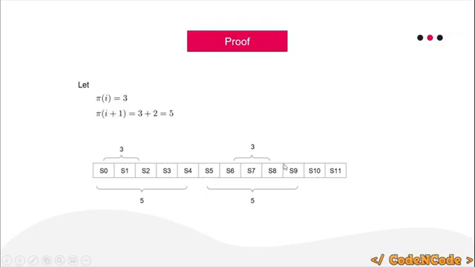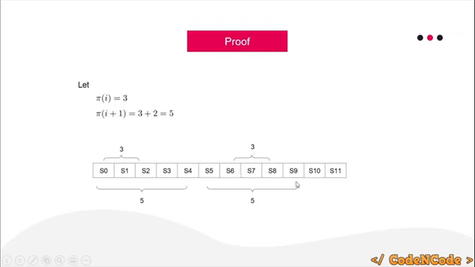That means if you ignore the last character and only consider the first 4 characters, they must match the first 4 characters, right? If that is true, then pi of i, which is index 8, should have been 4, not 3, right? So we are reaching a contradiction, since pi of i is actually 3.